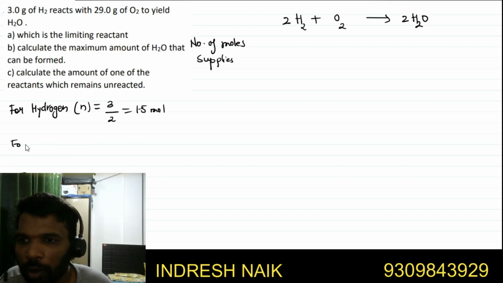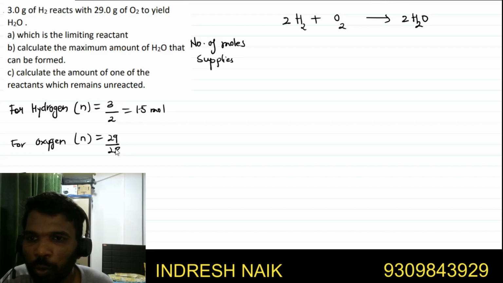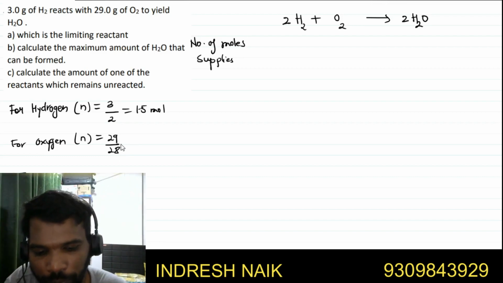For oxygen, O2 molecule, what is the number of moles? Number of moles is 29 divided by, what is the molar mass of oxygen? Oxygen is 28. 29 divided by 28.